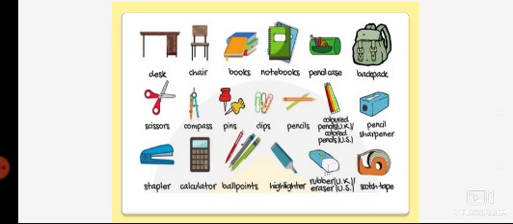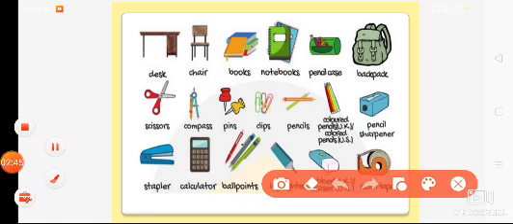Similarly here also, if I ask you to sort these objects, you can sort objects like, you can keep pencil, ballpoints, colored pencils, pencil cases together because they all have a common thing, pencil, in them.